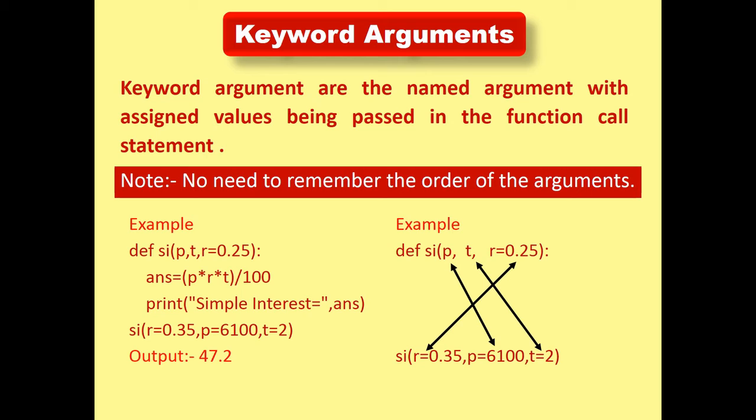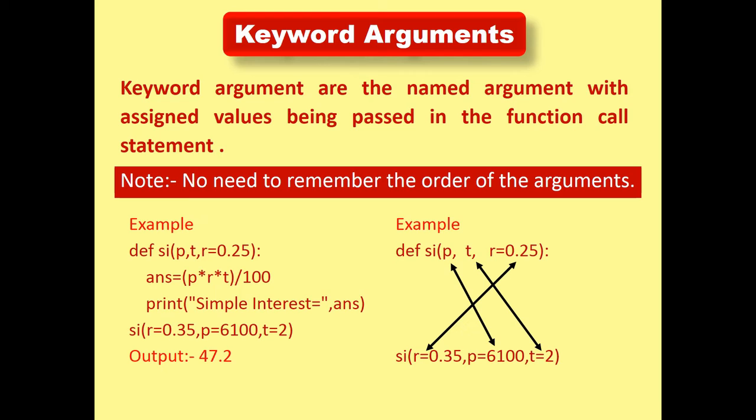But when we compare this function call with the function header, where first we have written p, second t, and third r, in the function call first we have written r, second p, and third t.